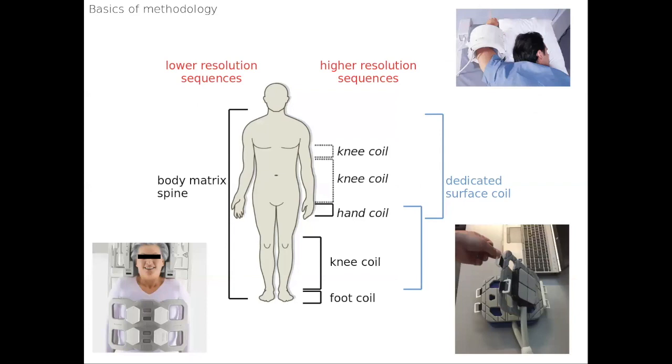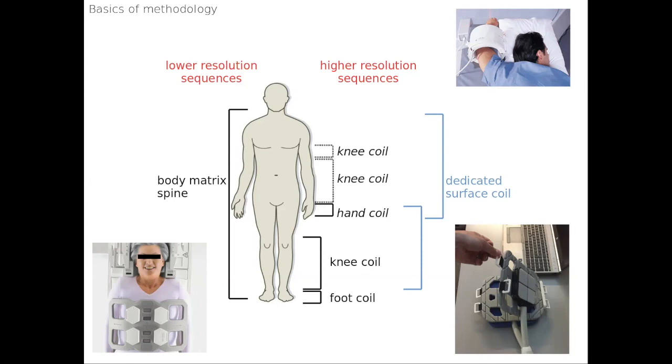So if you want to use MR neurography, then it is quite challenging to have the extremities scanned, depending also on the morbidity and the age of the patient.